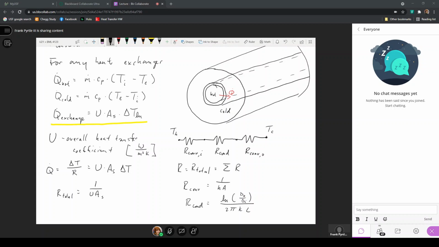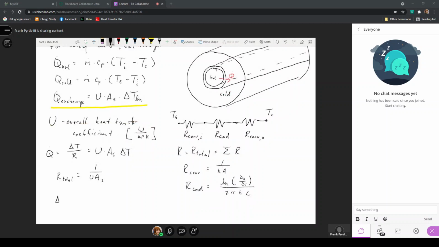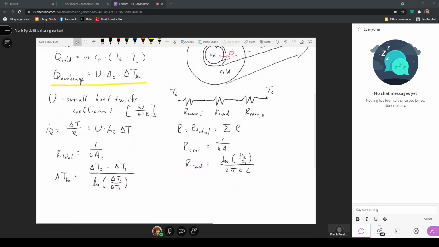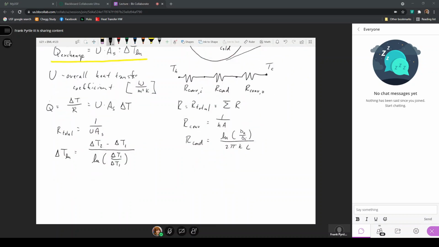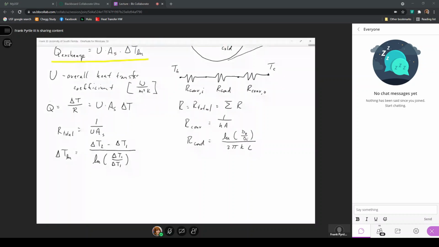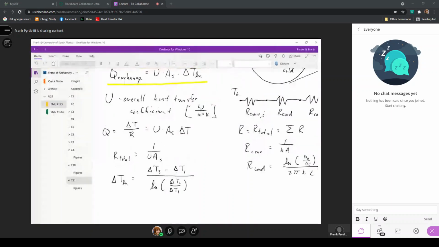So the definition of that log mean temperature difference is just delta T2 minus delta T1 divided by the natural log of delta T2 over delta T1. Now, when this is applied to a double pipe heat exchanger, I'll just use the figures that we have already.